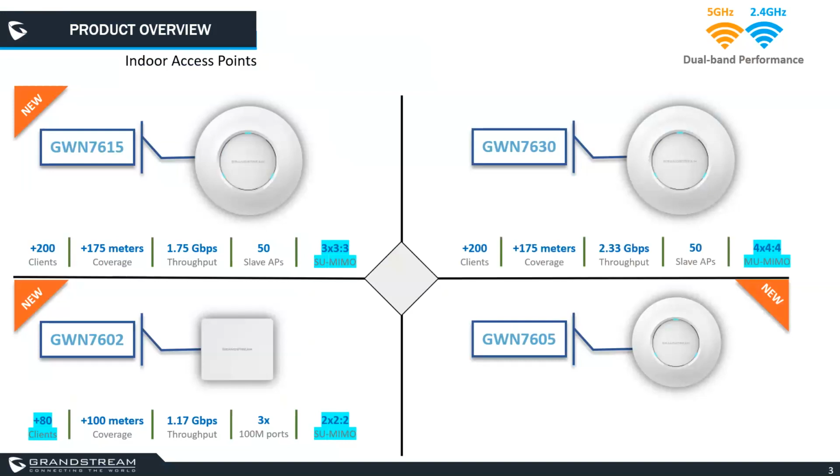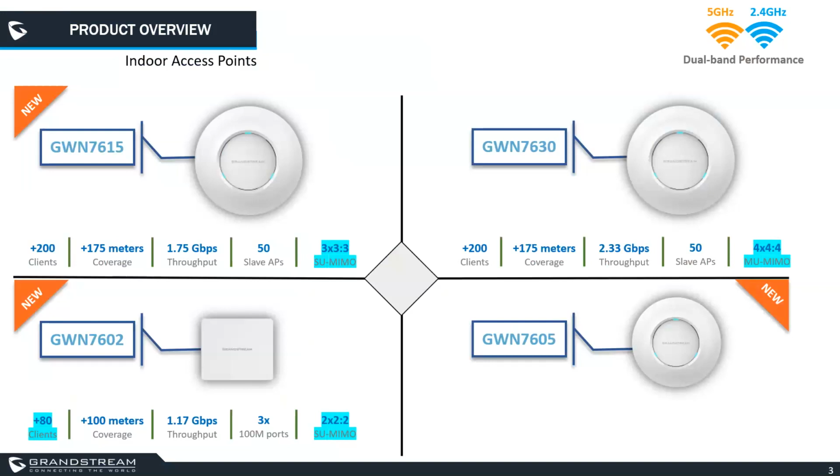The third model is the GWN 7630. This one supports up to 200 clients and has a coverage range of 175 meters. And you can use the built-in controller to manage up to 50 access points. Another thing about the GWN 7602, which I did not mention, is that this model does not have a built-in controller.